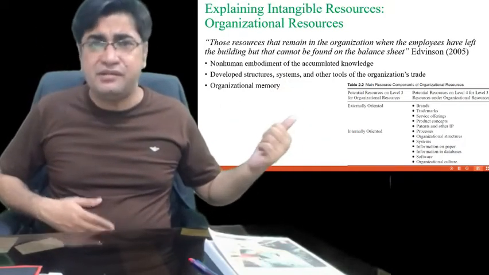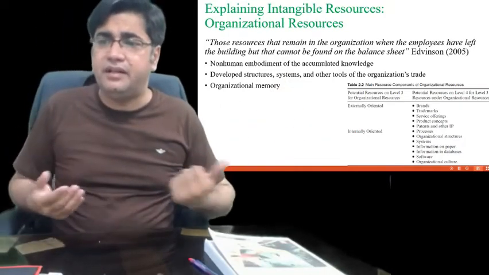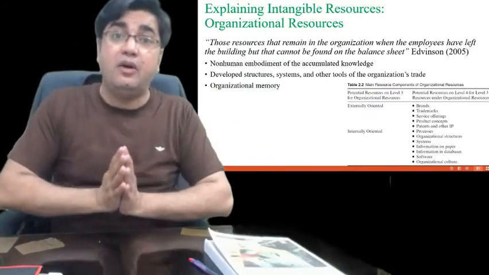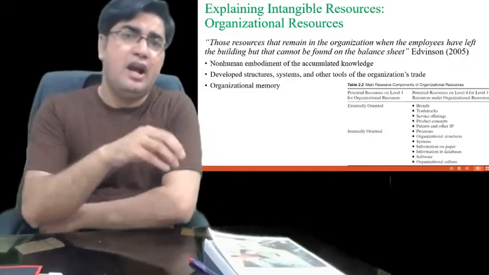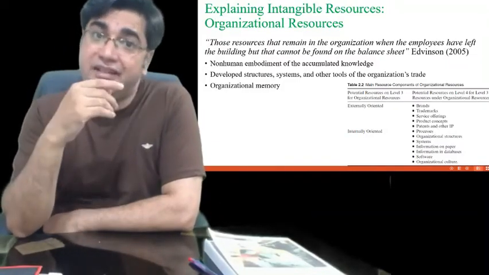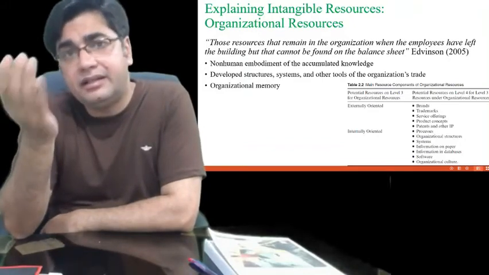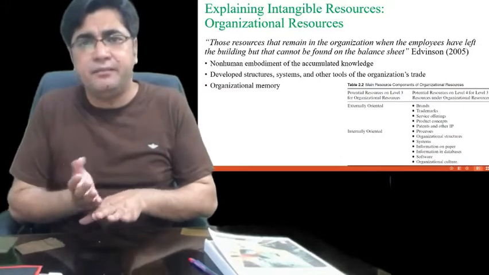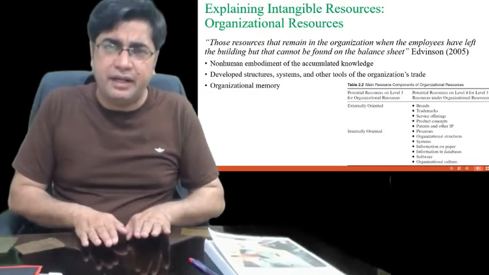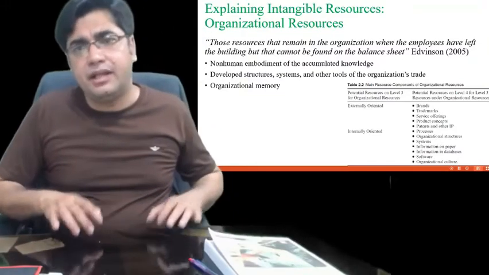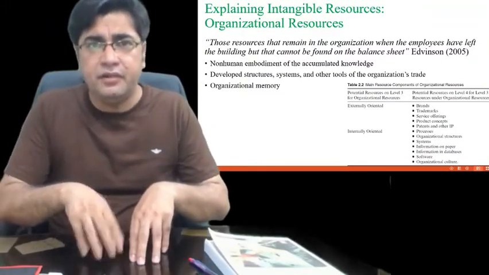There are brands like trademarks, even service offerings, product concepts, organizational structures, systems. All these are resources, and a lot of companies do not reveal their processes, their way of doing business, because that way may be unique and giving them a competitive edge. So all of the business processes, branding, trademarks are included in the process capital, which is a part of an organization. So number two.